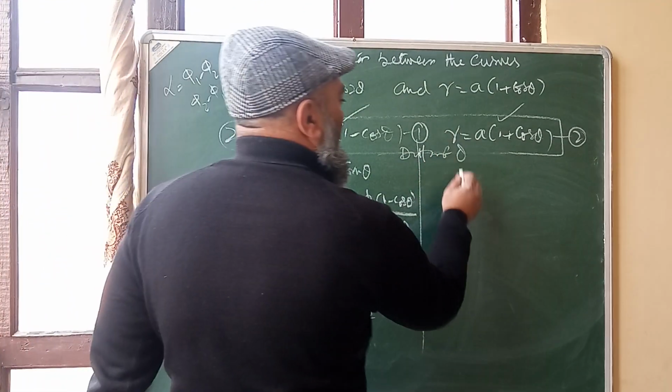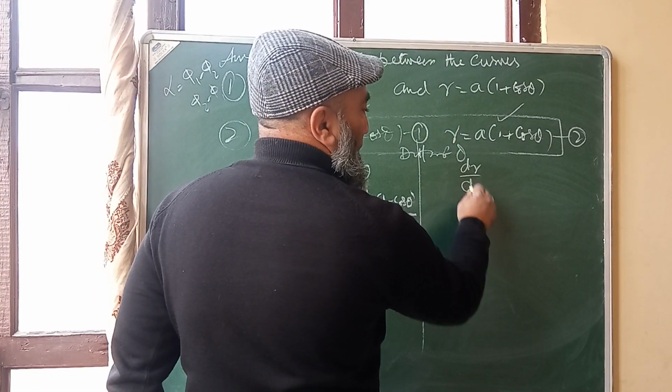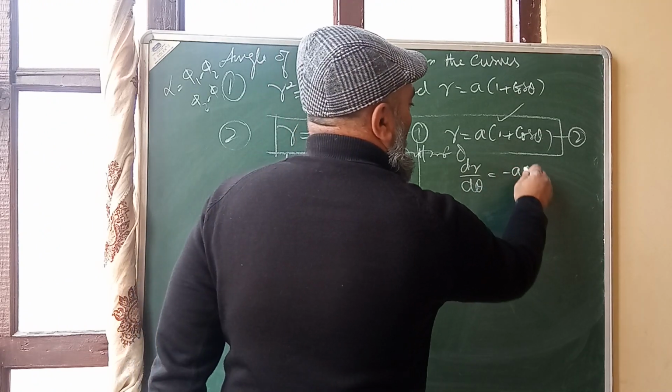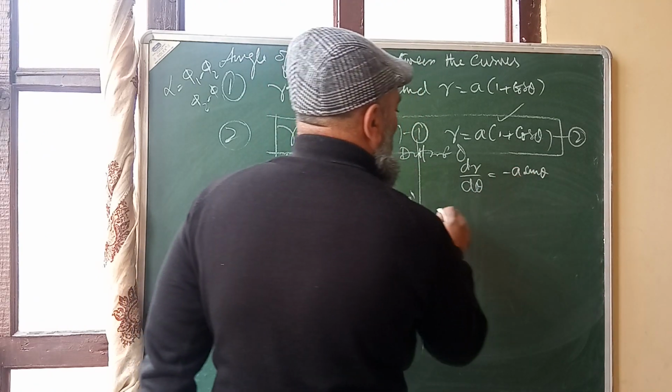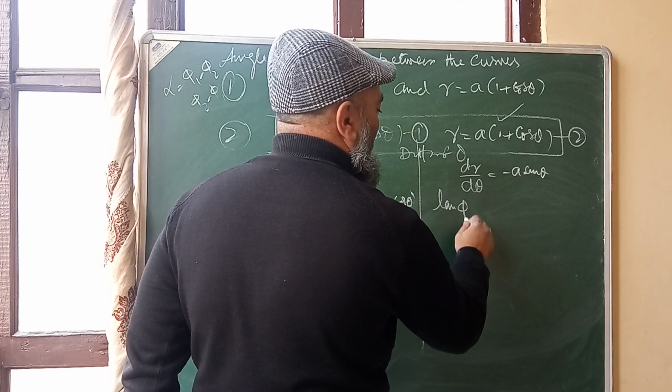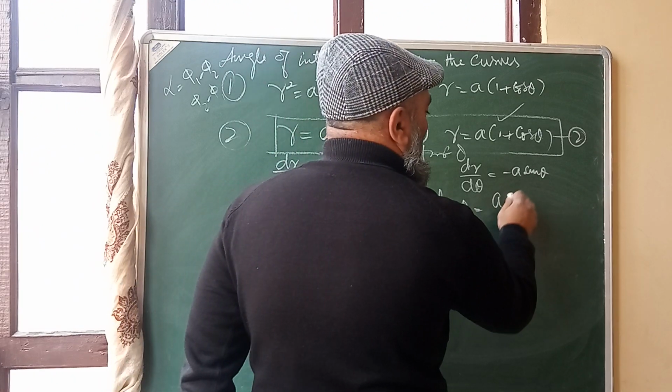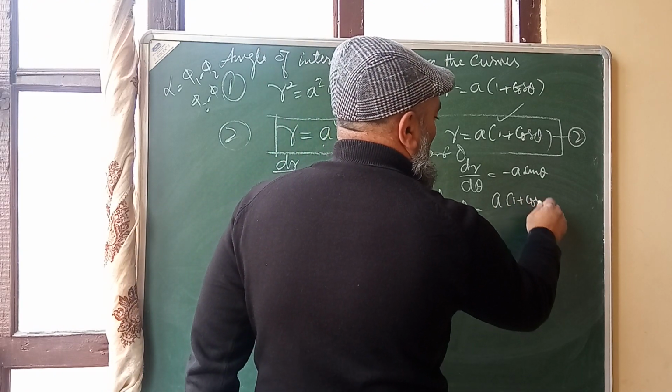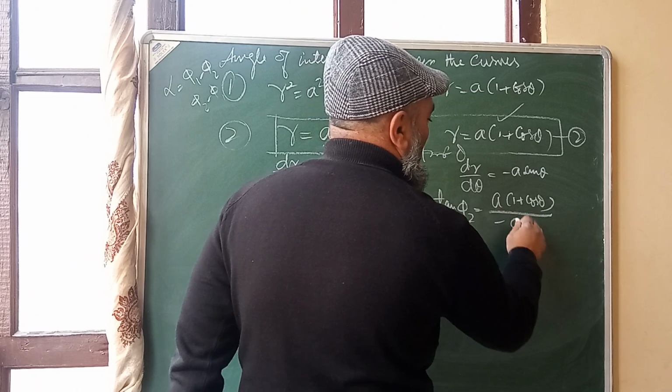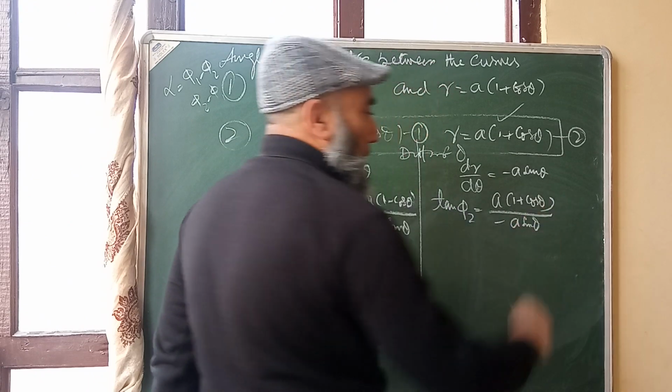Now for this curve, dr by d theta is minus a sine theta. Tan phi 2 is r by dr by d theta. Fine.